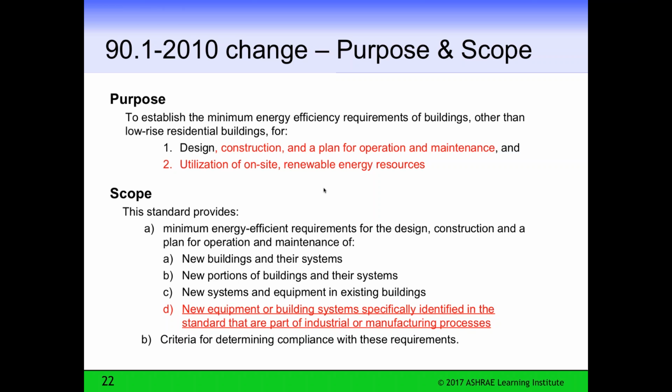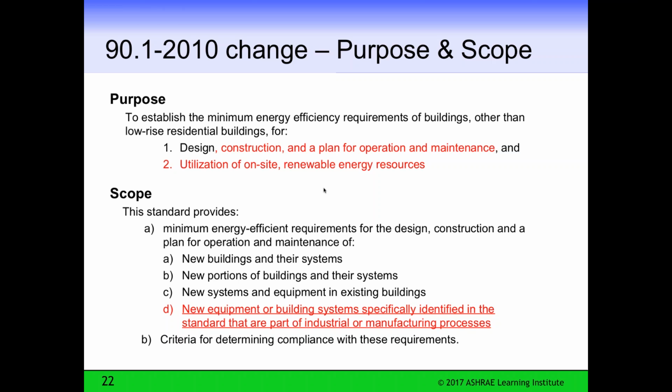Now, the wording, though, is very important. The new equipment or building systems specifically identified in the standard that are part of an industrial or manufacturing process. The words specifically identified mean we have to name the industry that we're regulating. So we name computer rooms and data centers.